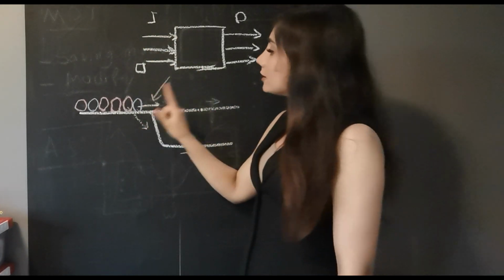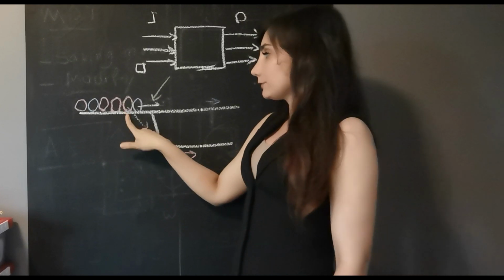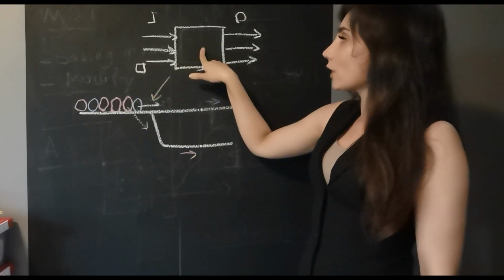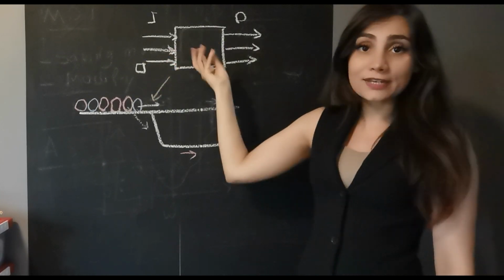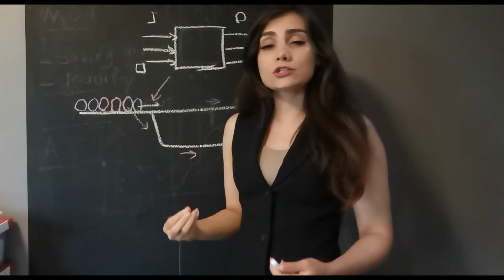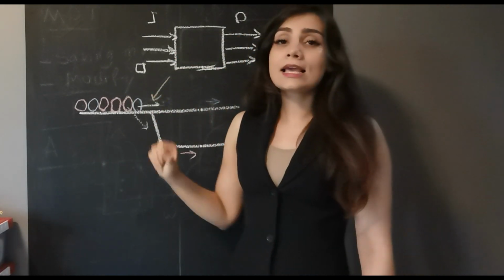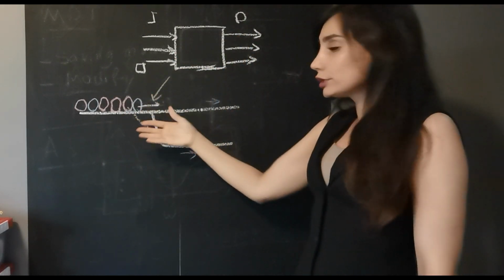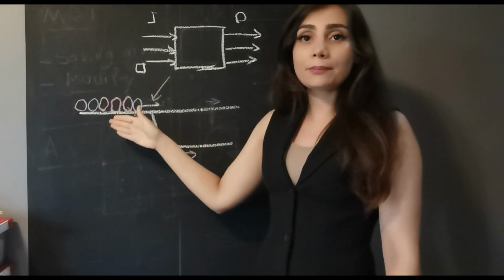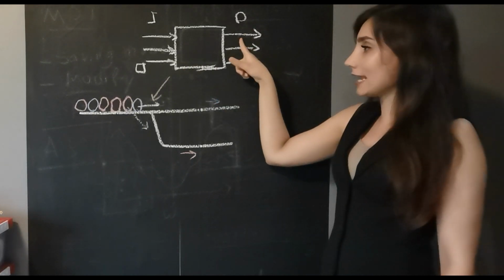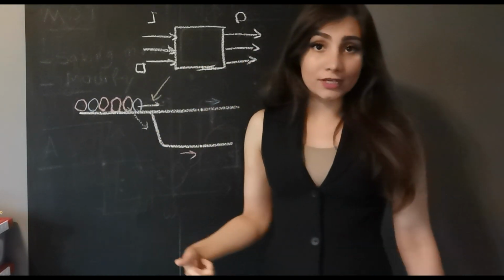This sensor can tell if the ball is blue or if the ball is pink. This sensor sends the information that this ball is blue, this ball is pink. So now the processor has this information from the environment. Based on the logic, the program that it has, it says that whenever you see blue, just let it go. Whenever you see pink, move the actuator, and then send a signal to the output, the actuator, and the actuator will move.